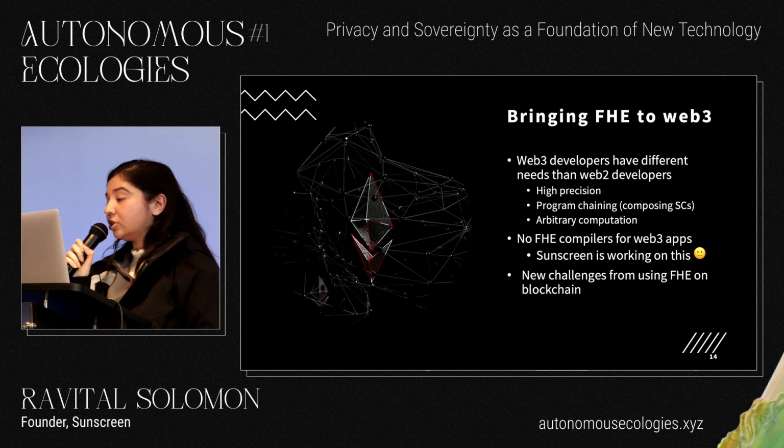We will almost certainly want to think about composing smart contracts, so feeding encrypted data from one smart contract into another, and we will have to do arbitrary computation on encrypted data. There is no way to know a priori how many transactions you plan to engage in. The issue here is that there is no FHE compiler for Web3 applications currently available that satisfies all of these features. And it turns out there's even more challenges in using fully homomorphic encryption on blockchain.